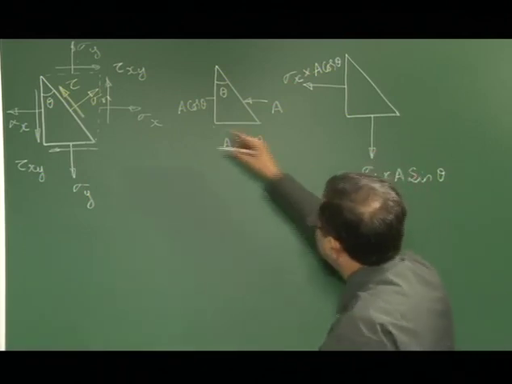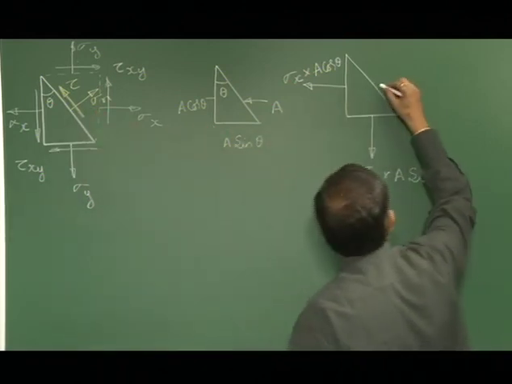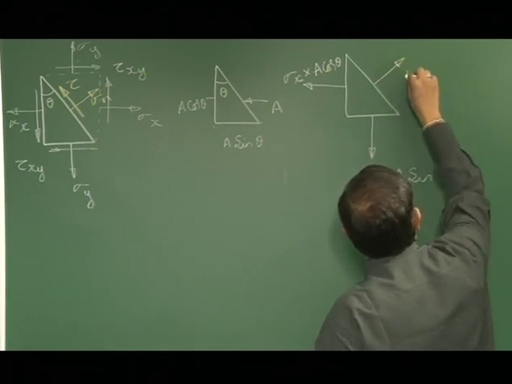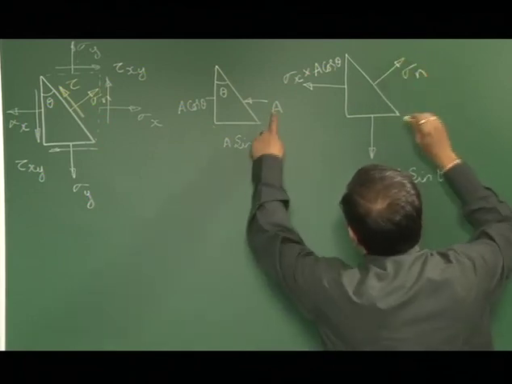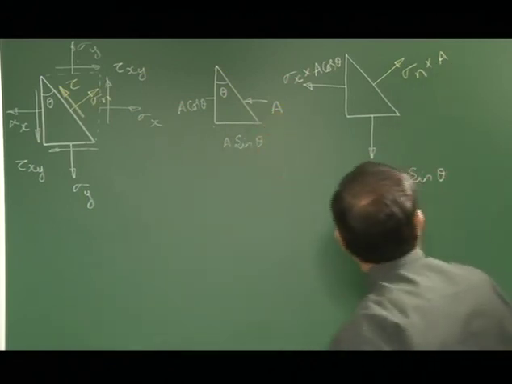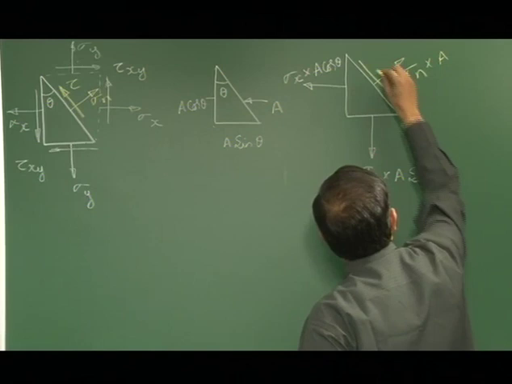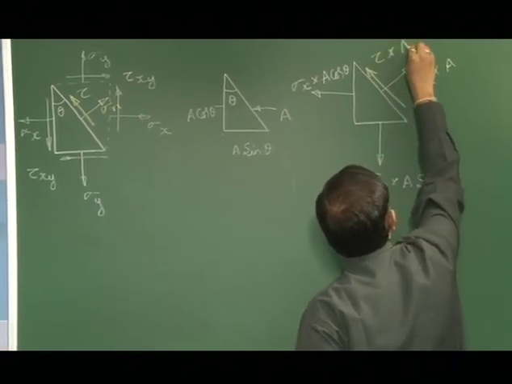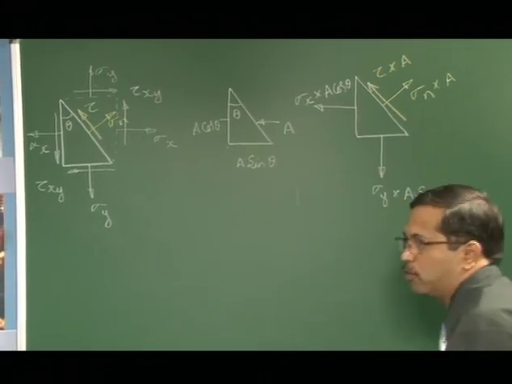Okay. Whereas, this normal stress which is acting on this plane is sigma n. So, the corresponding area is A, and this would be the force that is going to be acting. Then the shearing stress, if I take, this is tau into, again the area of this plane is A. So, it would be A.